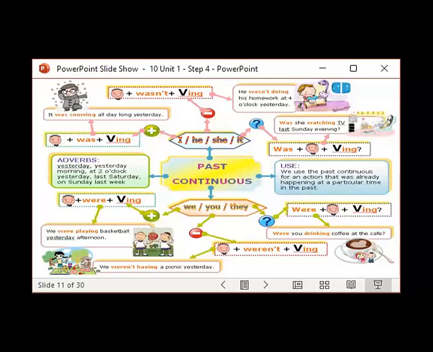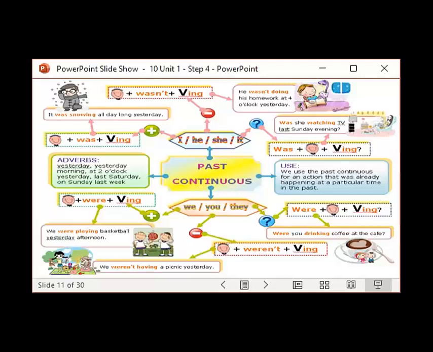With was, you can use I, he, she, it, and singular plus verb plus ing. On the other hand, were with we, you, they, and plural.